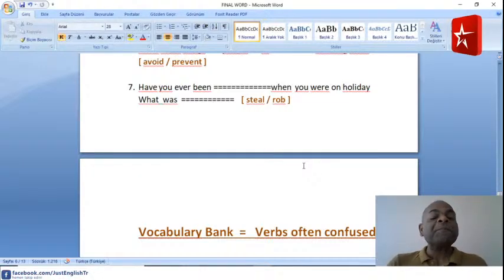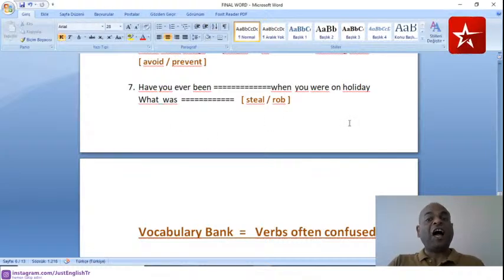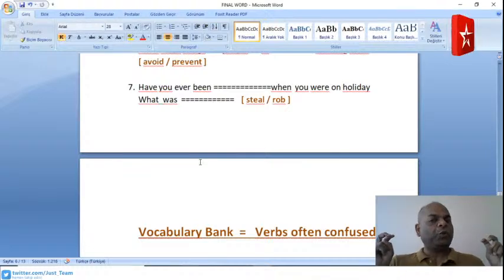Number 7. Have you ever been dash when you were on a holiday? What was dash? Now guys, remember, in this sentence your verbs will be in the past. So get me the answer.